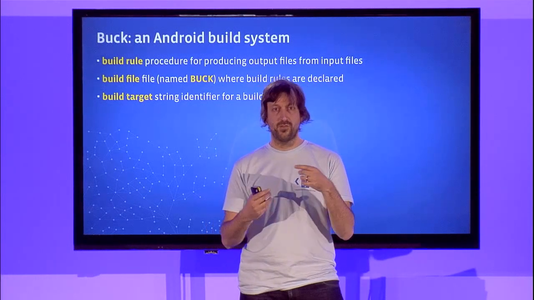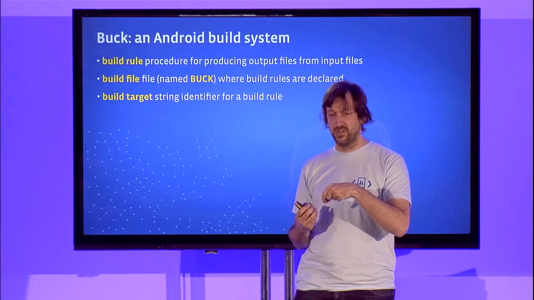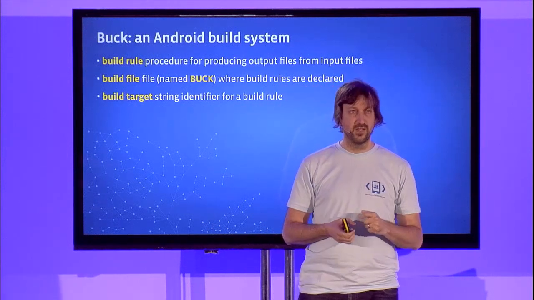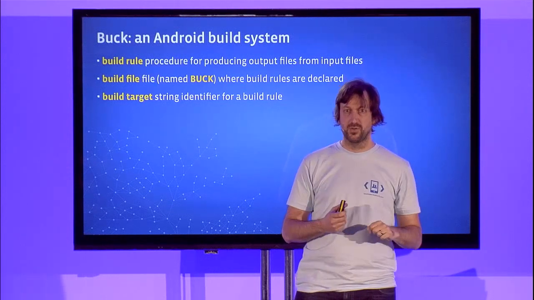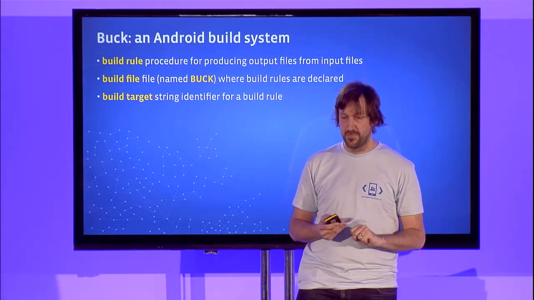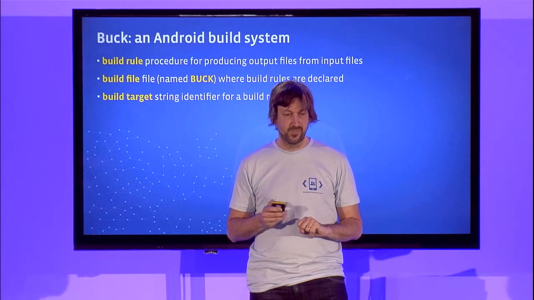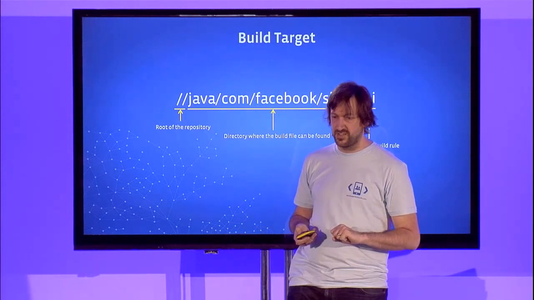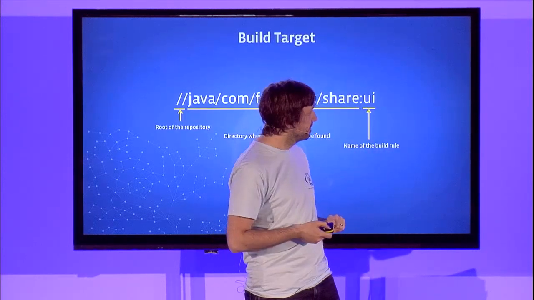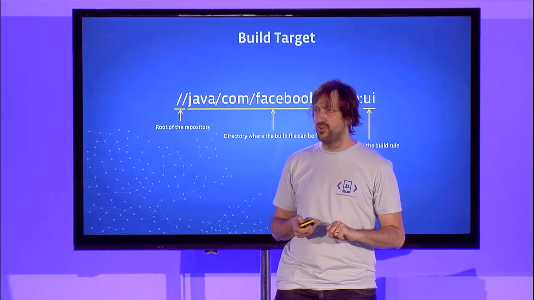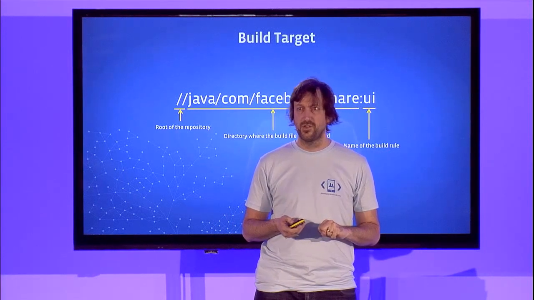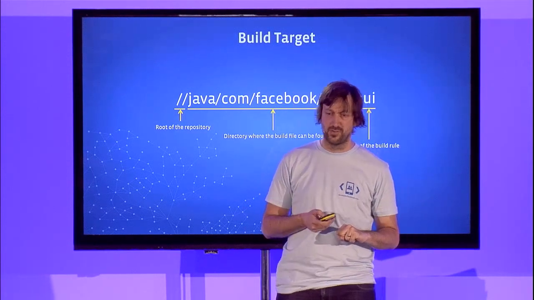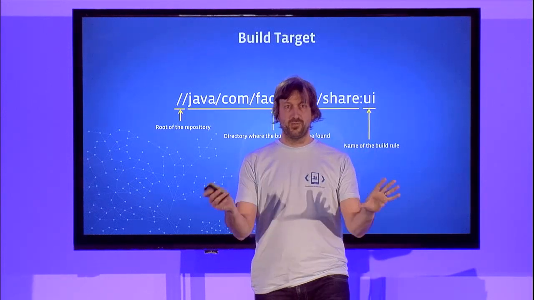And finally, we can refer inside a build file to other build rules using build targets. So that's like a label pointing towards a particular build rule in a particular build file. It's a string identifier. A build target looks a little bit like this. It looks slightly odd, unless you've used Twitter's Pants system, or if you're on the Selenium project, we use something very similar as well. But this is pretty easy to read.